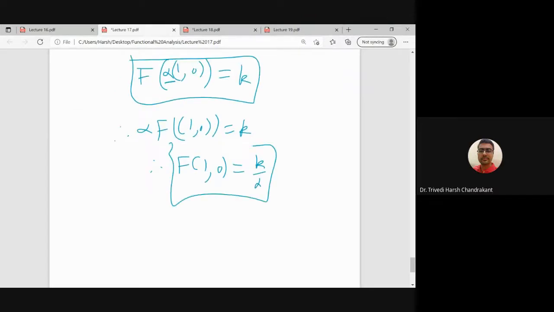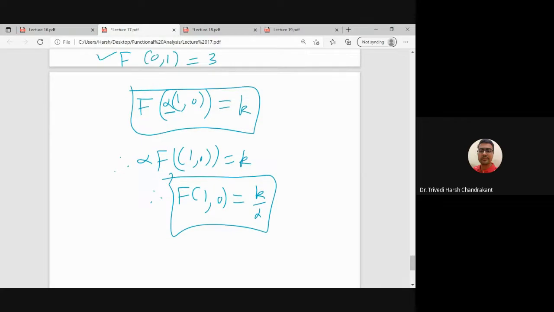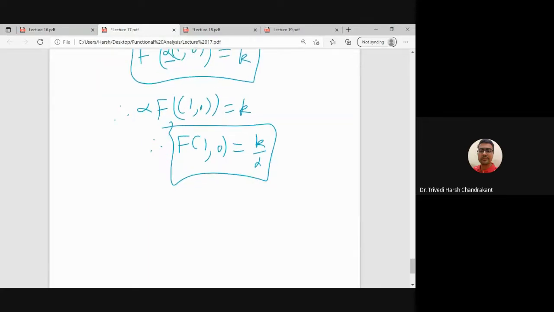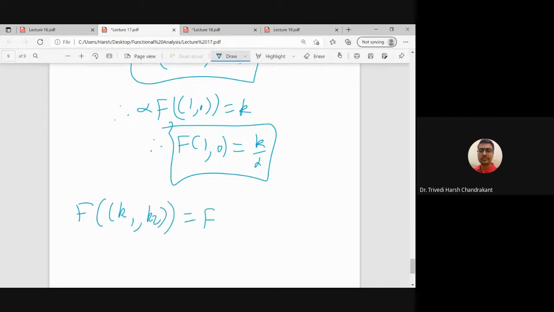So if you know the function on a scalar times a basis element, we can define it on f of (1, 0), and once we know f of (1, 0) and f of (0, 1), we know that f of (k1, k2), any element of R2, we can write as k1 f of (1, 0) plus k2 f of (0, 1).